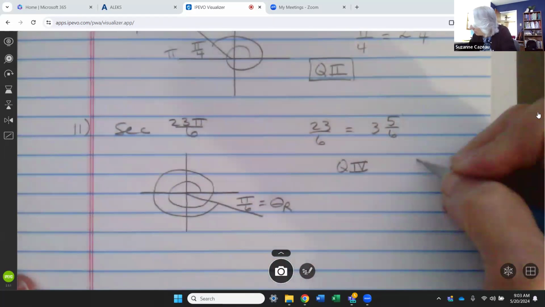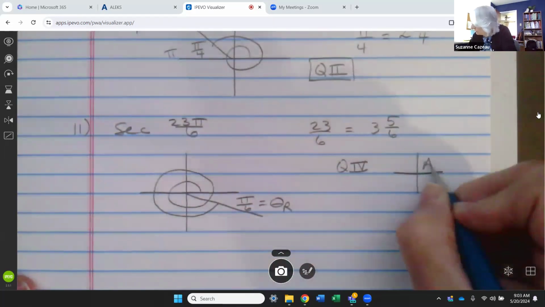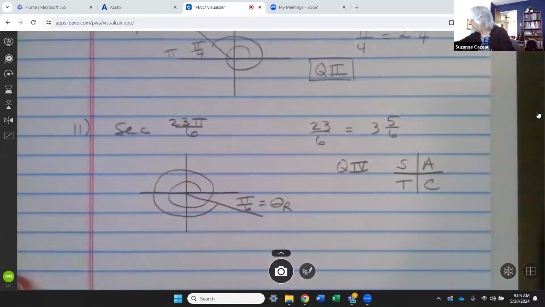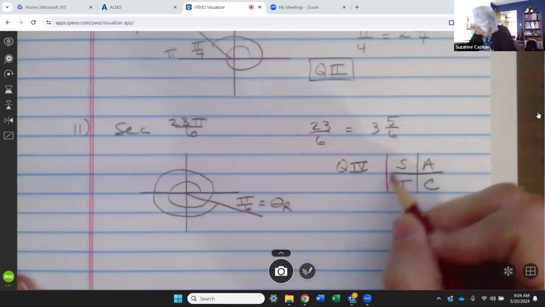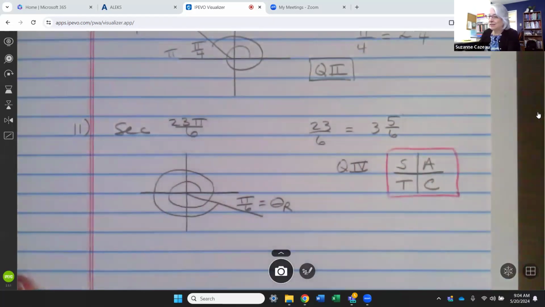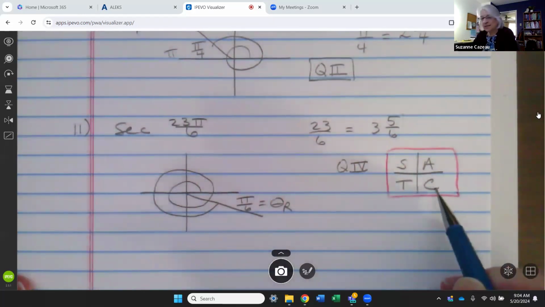Now, all students take calculus. You're going to want to mark that one on your paper. This tells you what is positive in which quadrant. Now in quadrant 4, cosine and its reciprocal are positive. That's what that is.